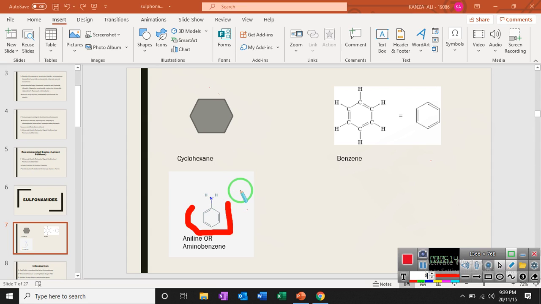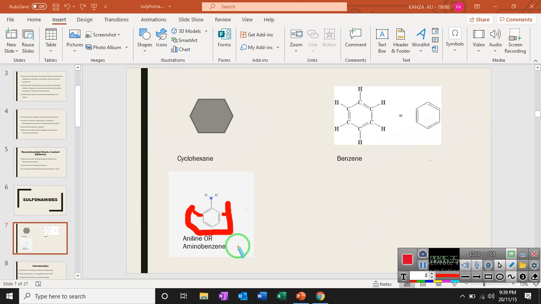But when we substitute another group at an adjacent position, that position is considered ortho.